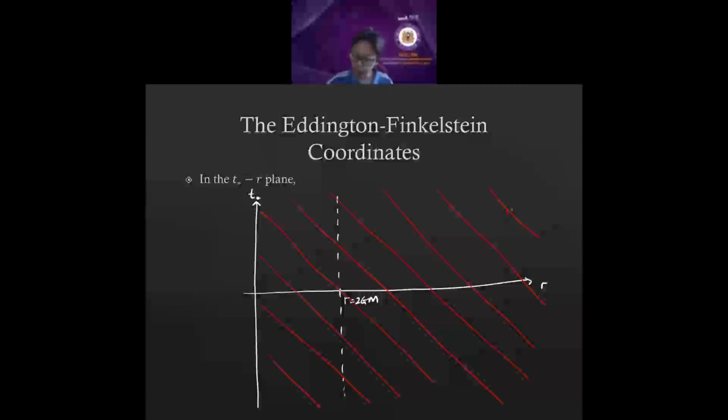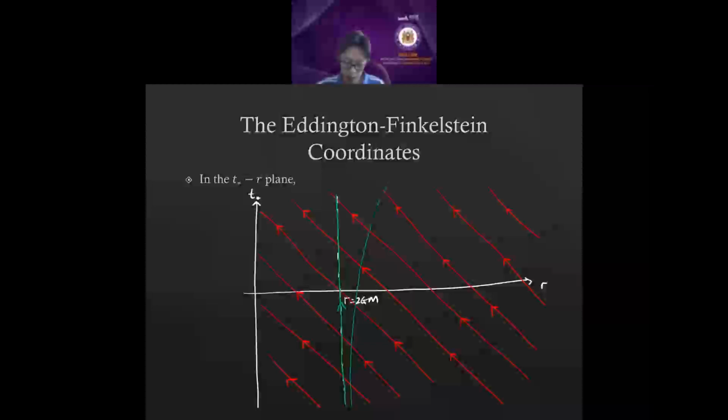So let me denote the direction. The path of light is going to follow this. But the outgoing light is going to follow something like this. The easiest one would be to begin with the light on the surface. It's going to stay on the surface. And a path of light that is outside is going to look something like this.